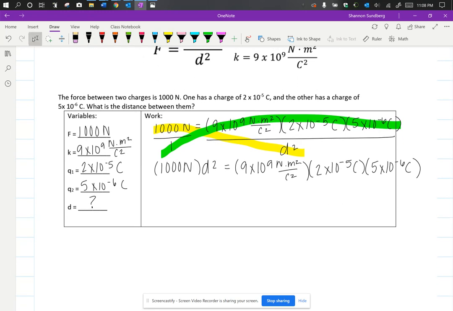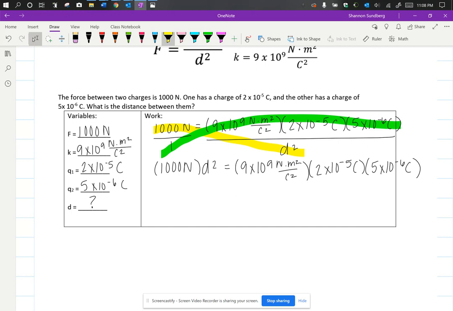Use that exponent function inside your calculator. It'll just make your life a lot easier when you're trying to multiply all of these numbers that are in scientific notation. Okay, so now's where we want to start cleaning things up. Please don't try to plug everything into your calculator, multiplication and division. It's easier to just take it step by step.